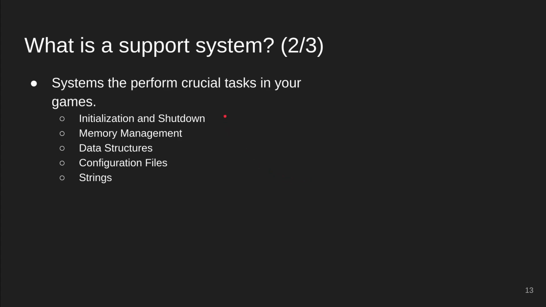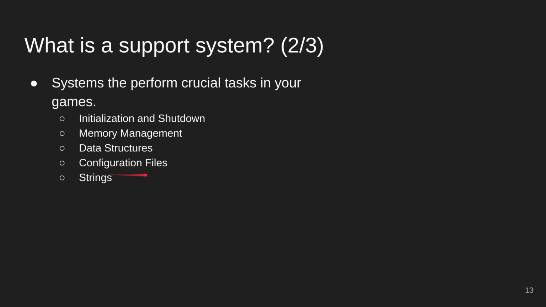So again, what is a support system? Go ahead and take a moment to pause and think about this. If you've taken a moment to pause the video and think about this, I might have given it away a little bit earlier, but it's something that supports our game engine doing some sort of crucial task. These can be as foundational as initialization and shutdown of your engine or certain systems in your engine, managing the memory, what your data structures are, how you're going to hold your data, update your resources, and so on.